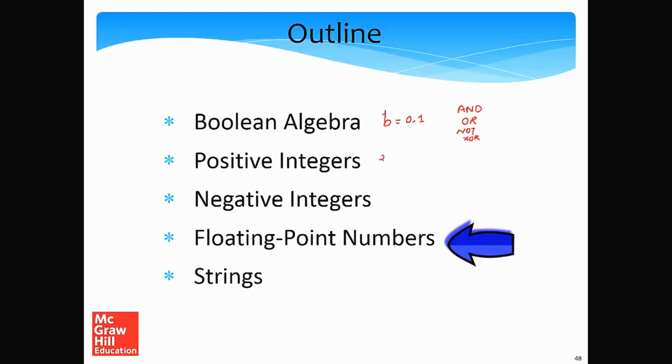Then we defined the binary system to represent positive integers with different bases. The important point to recapitulate at this point of the lecture is the relationship between binary, octal, which is base 8, and hex, which is hexadecimal, base 16. The important result that we had proved is that the octal and hexadecimal notations can be thought of as short forms, abbreviations or reduced representations of a binary representation.